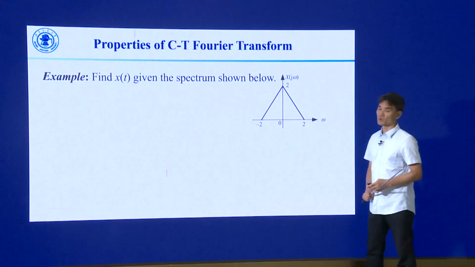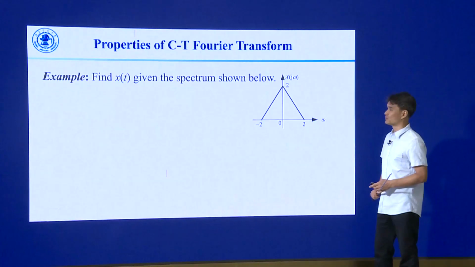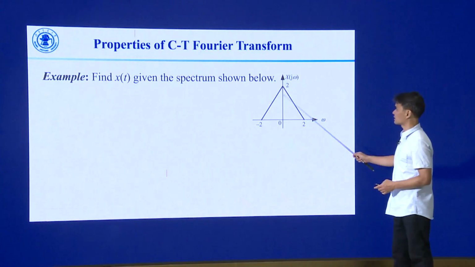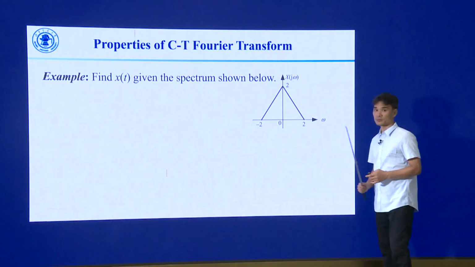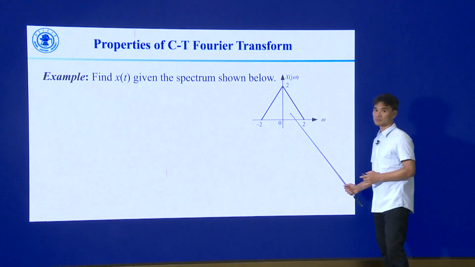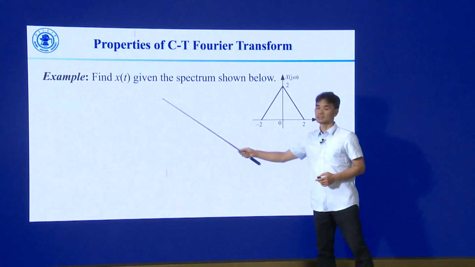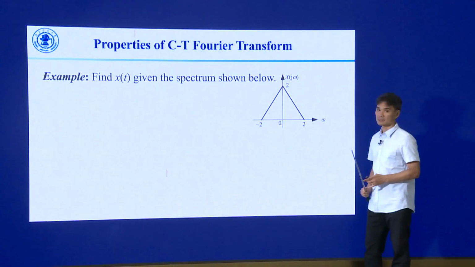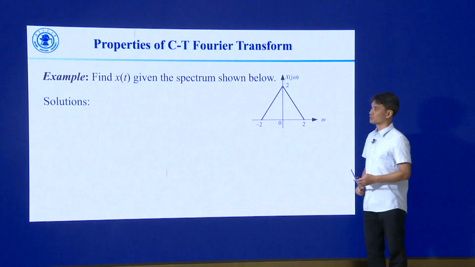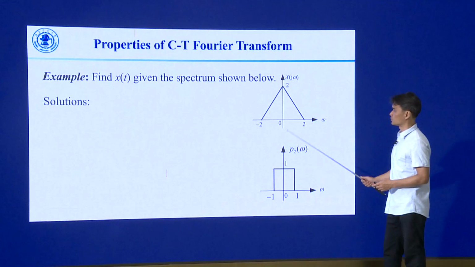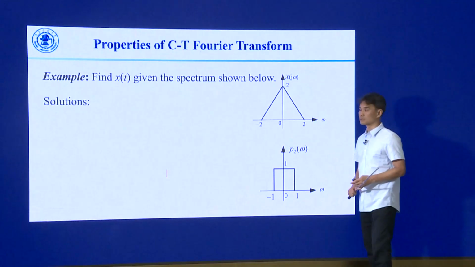Here is one more example, showing us how to use that property. So we know that the triangle signal now is in the frequency domain. This is a spectrum. And what is the original signal that has the spectrum like that? We already know that the rectangle signal convolved with itself will produce a triangle signal.